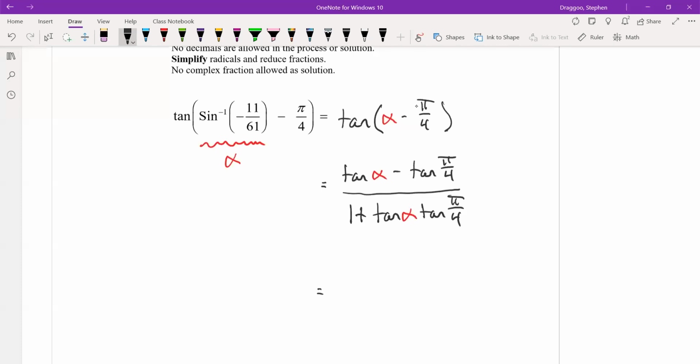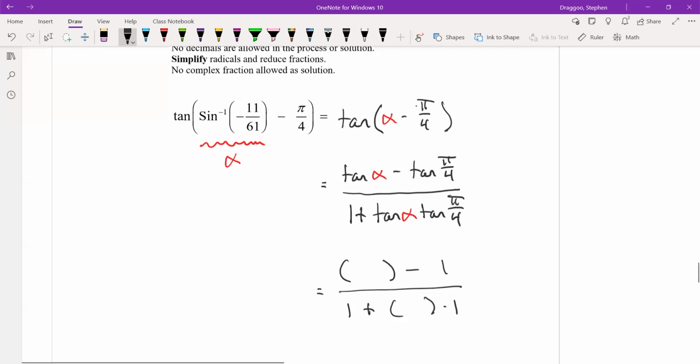So this thing is going to be some number minus 1 divided by 1 plus another number times 1. I need to figure out what that number is, and to do that, I'll need a reference triangle. So I'm going to go back to sine inverse of negative 11 over 61 and create a reference triangle.